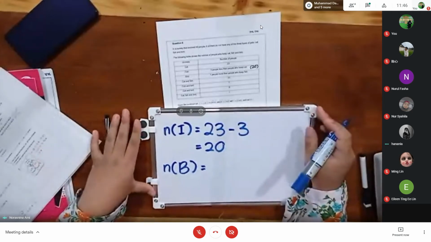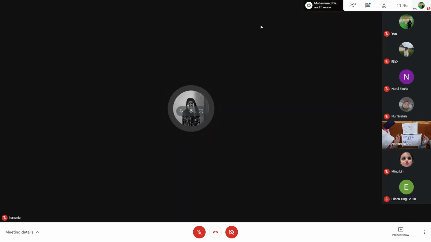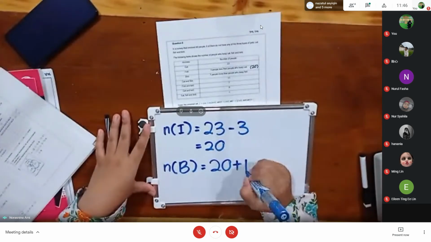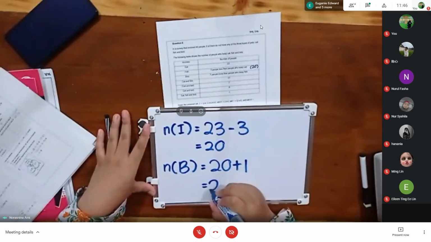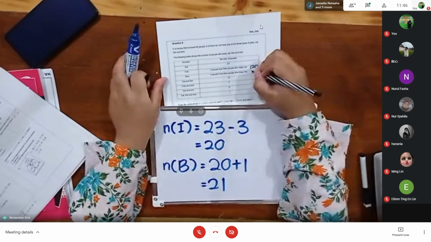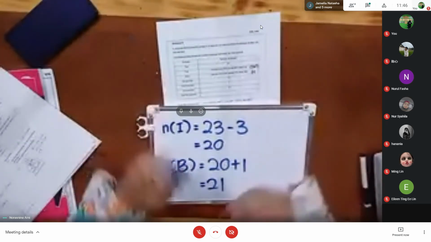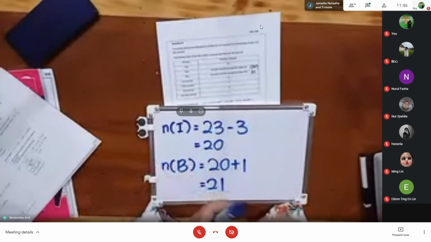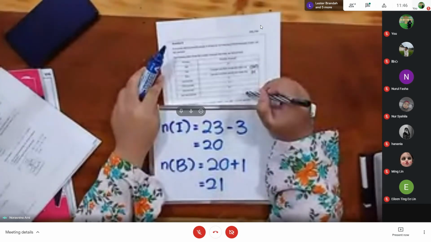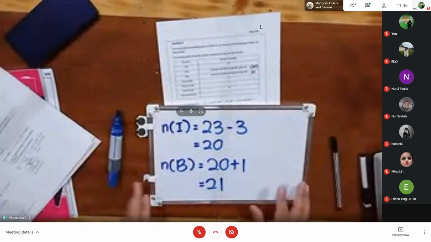What number do we add to? 20. Yes, correct. 20 plus 1 is 21 people. 21 people have birds. Now we have labelled all of this table. Now we draw the Venn diagram.